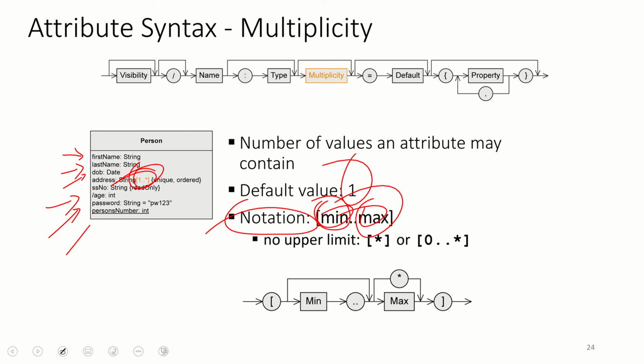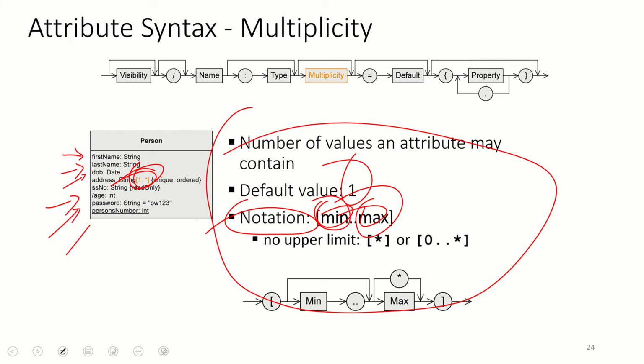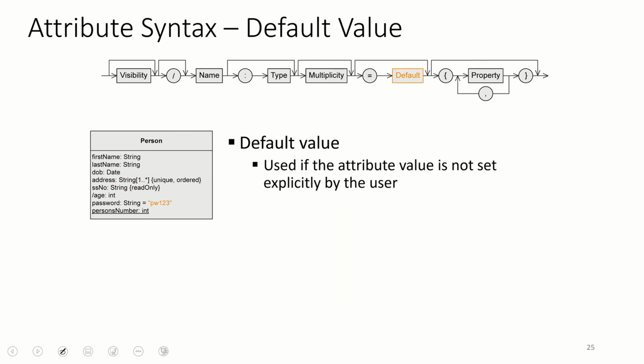For example, they have a PO box address, a working address, a home address, right? So it depends on your requirements. Based on requirements, we need to customize those multiplicities in order to satisfy the requirement of the user.